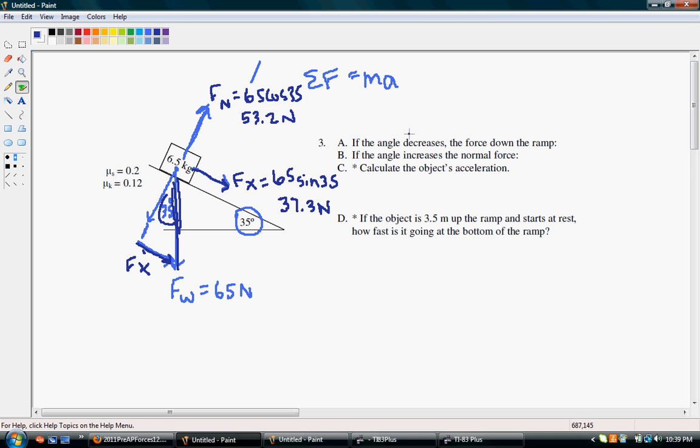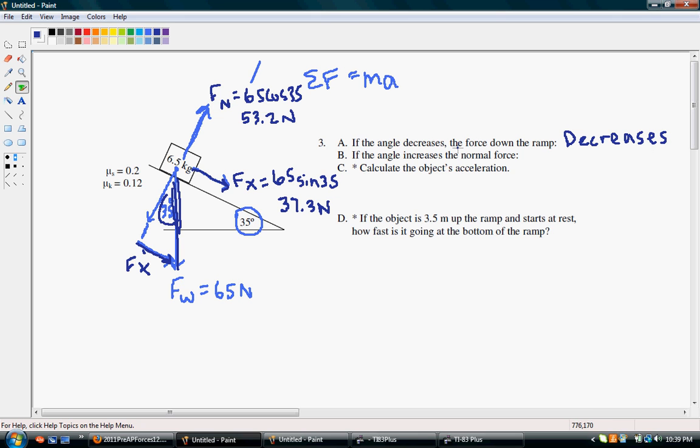So it says if the angle decreases, the force down the ramp, so if we make this ramp go down, so the angle is decreasing, then this is going to get smaller and smaller, while the normal force gets bigger and bigger. So if the angle decreases, the force down the ramp decreases.